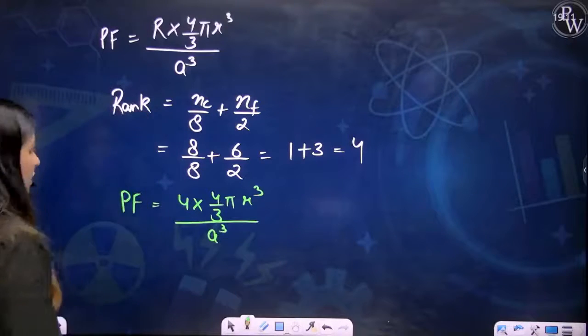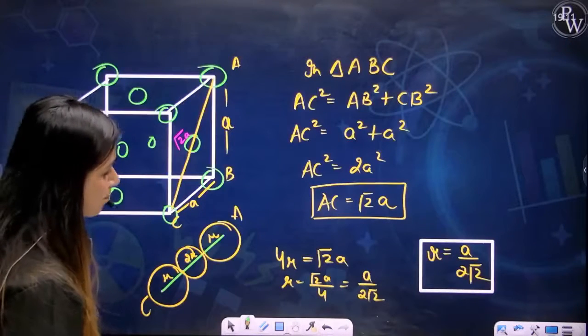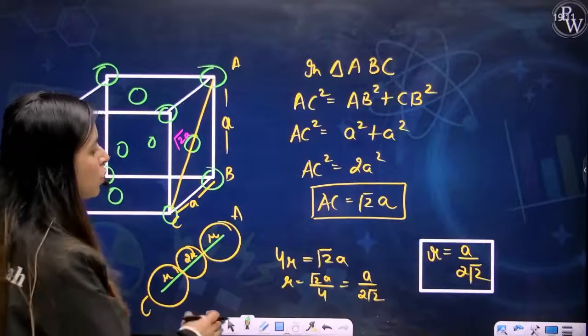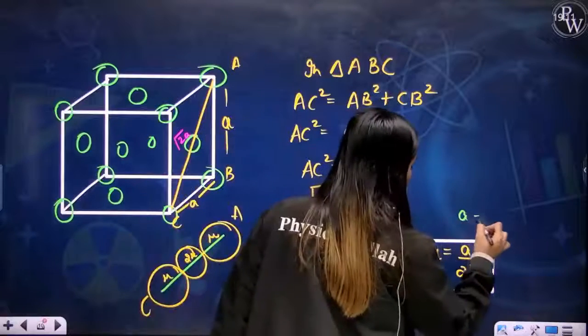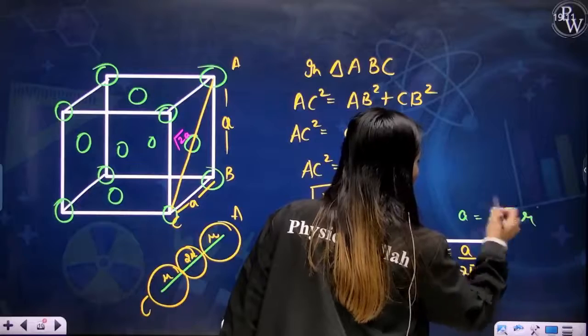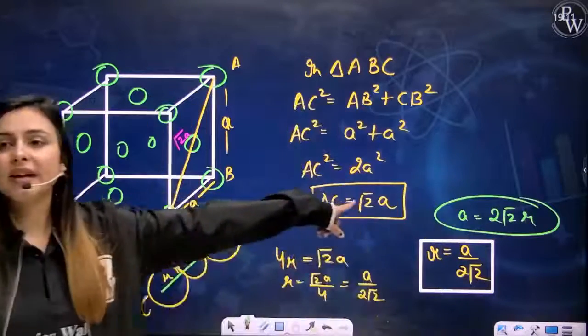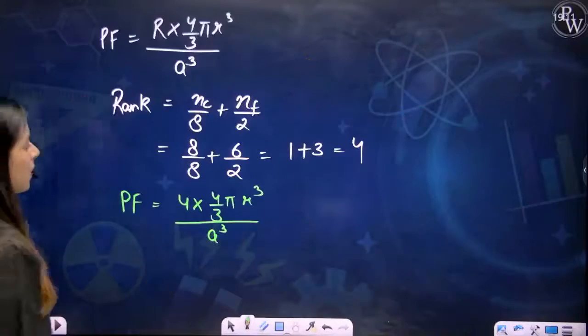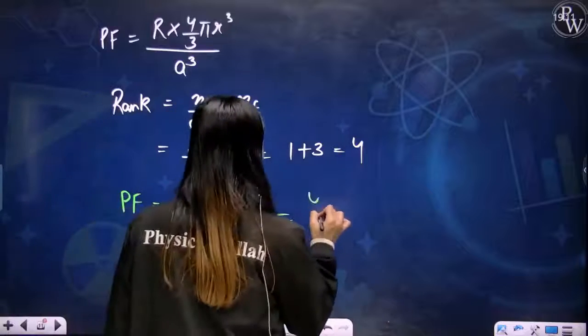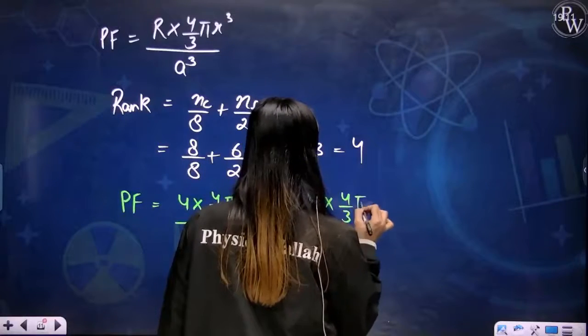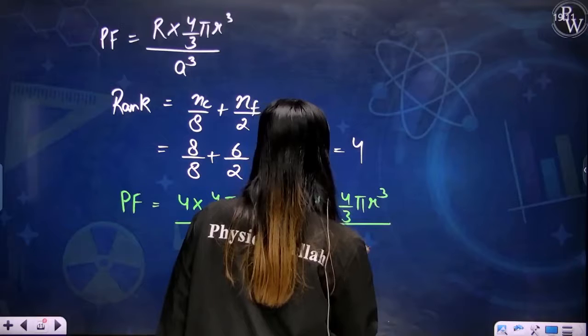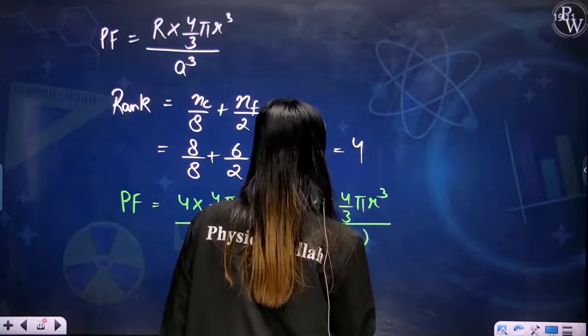Let's find out the relation. I can say that from here A is equal to 2 root 2 R. So let's put the value of A as 2 root 2 R. This would be 4 into 4 by 3 pi R cube upon 2 root 2 R whole cube.